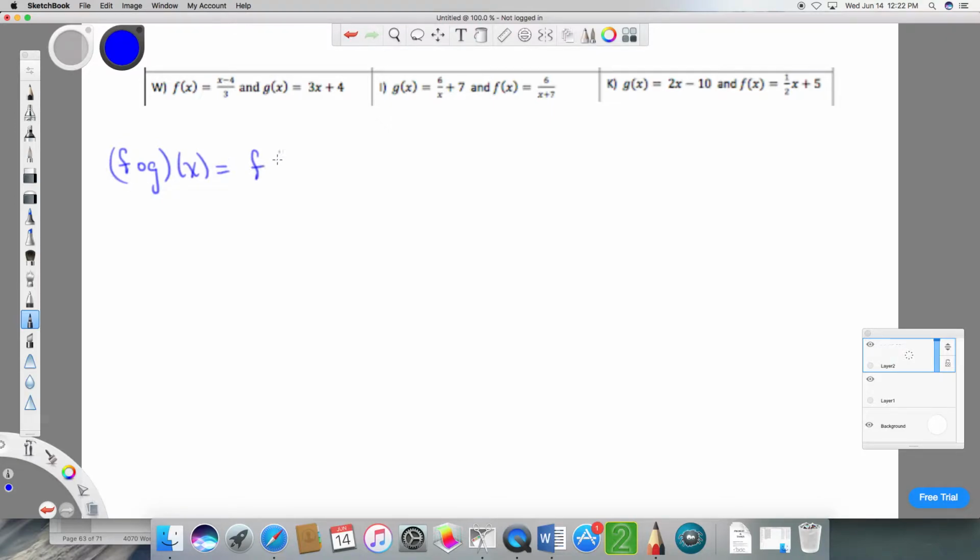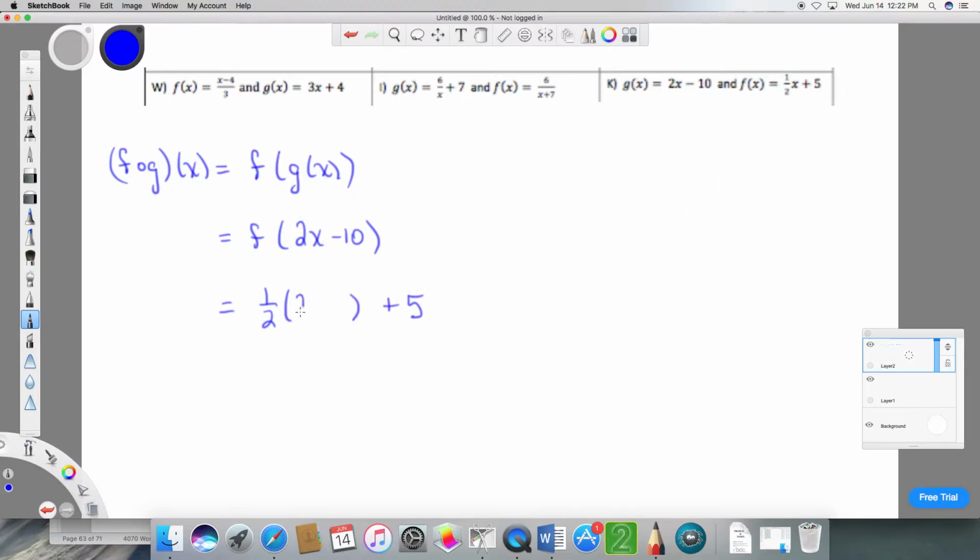means that g is the input of f, and in this one here, g is this linear function 2x minus 10. What f does to the input, f always creates an addition problem where it takes half of the input and then adds 5.